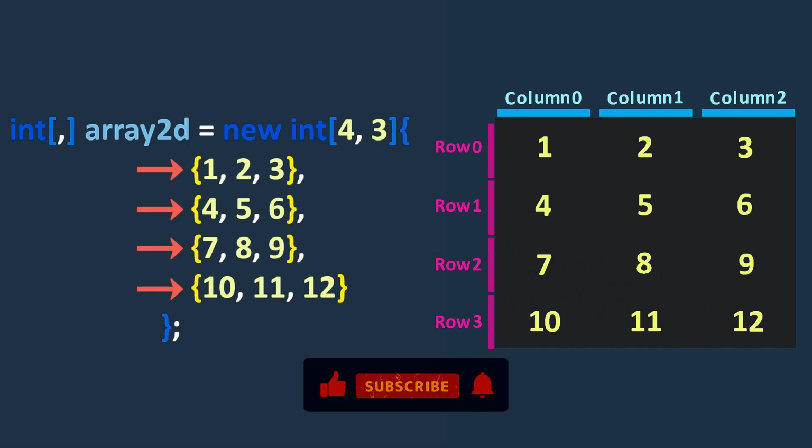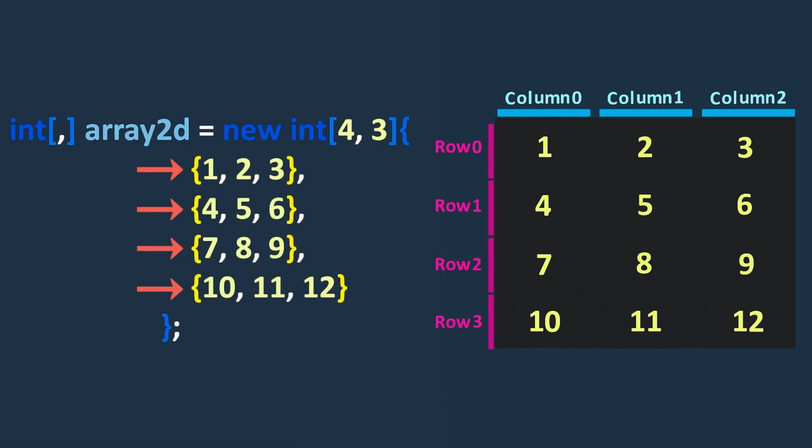As you can see, we store a table's data in an array. This table has 4 rows and 3 columns. The first rank denotes the number of rows, and the second rank defines the number of columns.